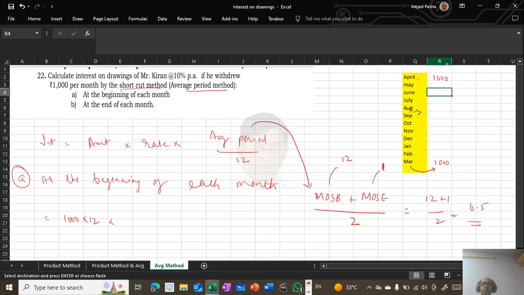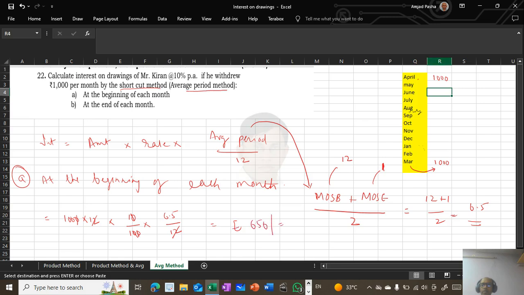Rate is 10 upon 100, into average period, which is 6.5, upon 12. Average formula 12, so this 12 goes, this 12 goes. So what is remaining? 6.5 into 100, that is equal to rupees 6.